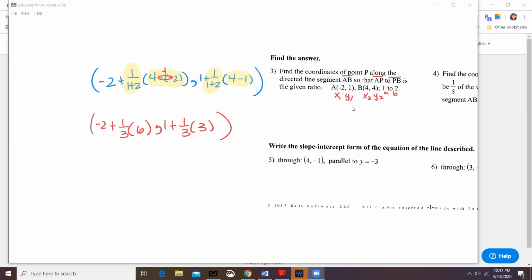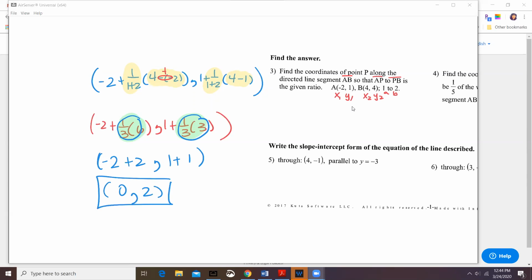So now, order of operations, I am going to do this part next. We have to multiply before we can add. So this gives me -2 plus 2, because 1/3 of 6 is 2, and then 1 plus 1/3 of 3 is 1. So -2 plus 2 is 0, and 1 plus 1 is 2.